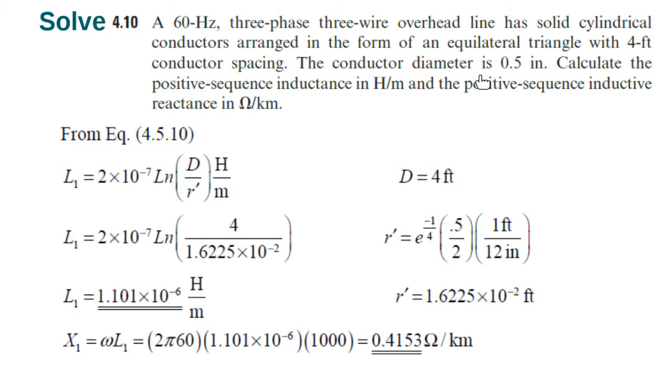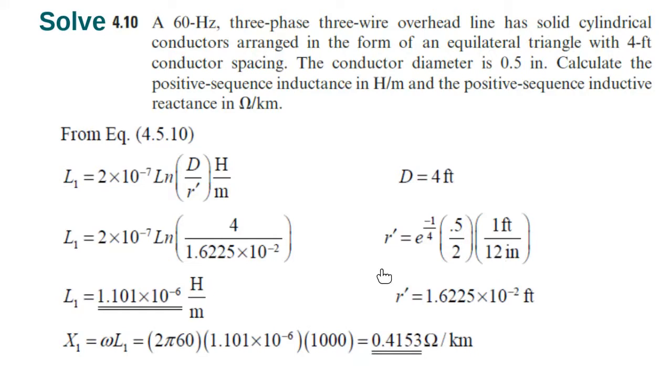The conductor diameter is given as 0.5 inch. You just plug in here 0.5 inch. You write 0.5 over 2, because this is the diameter, so you need to divide by 2 because you are looking for the radius. And then we change it into feet, so we get rid of the 12 inch: 1 foot over 12 inch.